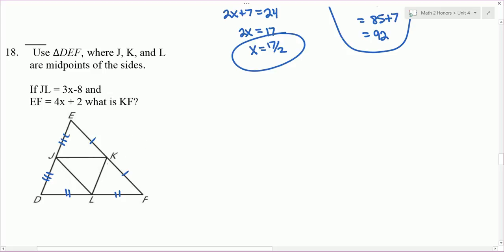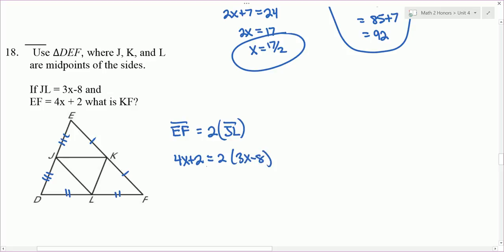JL is a mid-segment of the triangle, and it's parallel to EF, and so the length of EF is equal to 2 times the length of JL. And EF is 4x plus 2. JL is 3x minus 8.